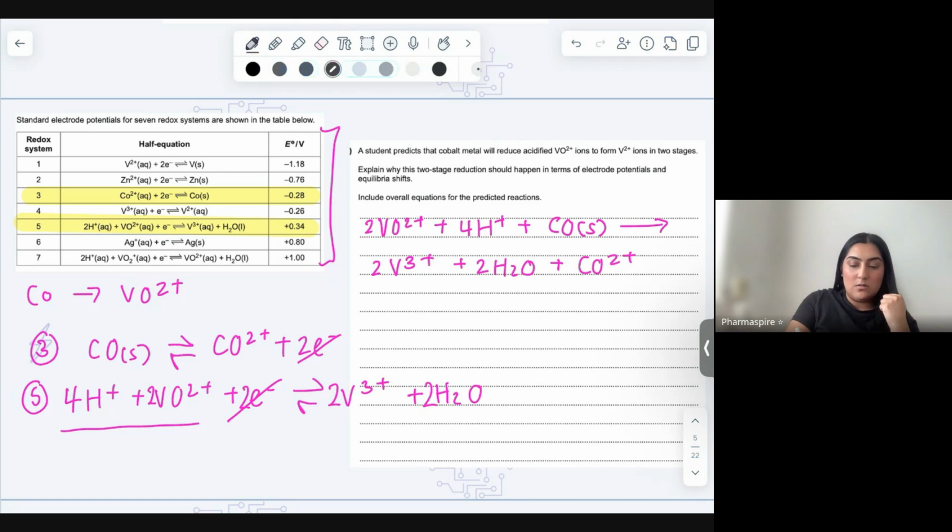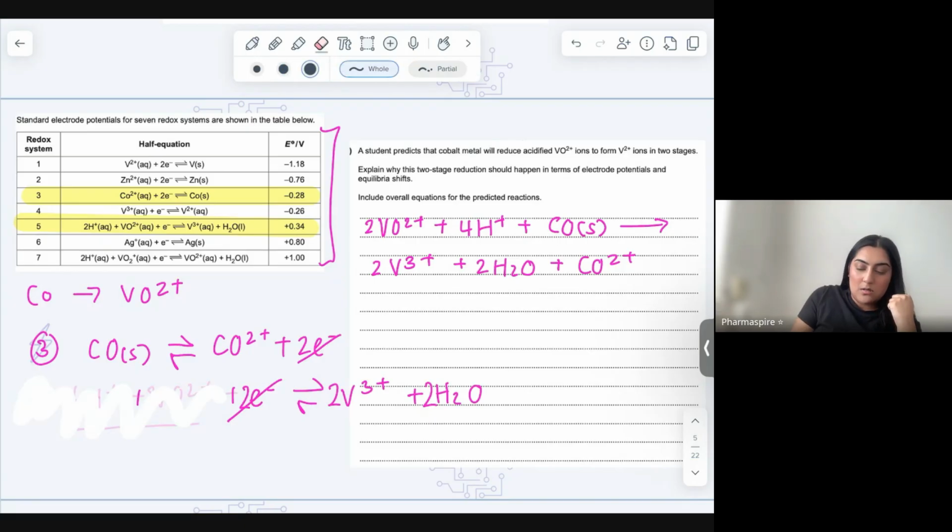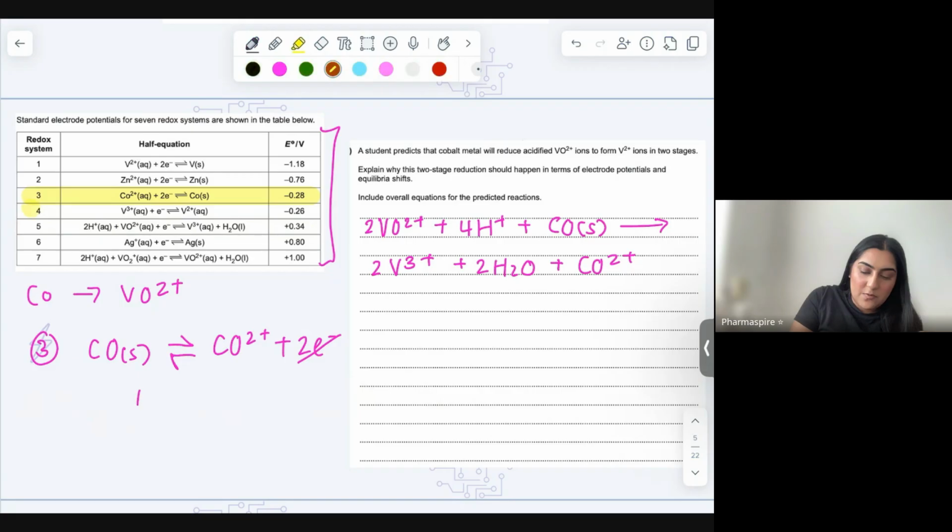So we're going to do the next one. Now, if we rub that out, we will start off here. Now we need to do system 4 and 3. Again, our third one is the most negative one. The reason why I didn't rub this out is because it has to be in the reversed format because it's the most negative. So we will basically just write out the 4th one, but in normal.